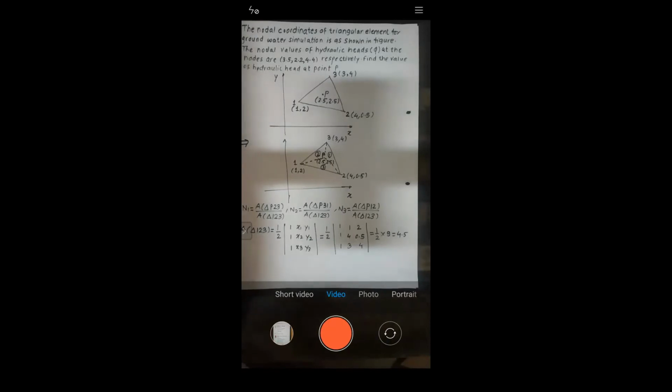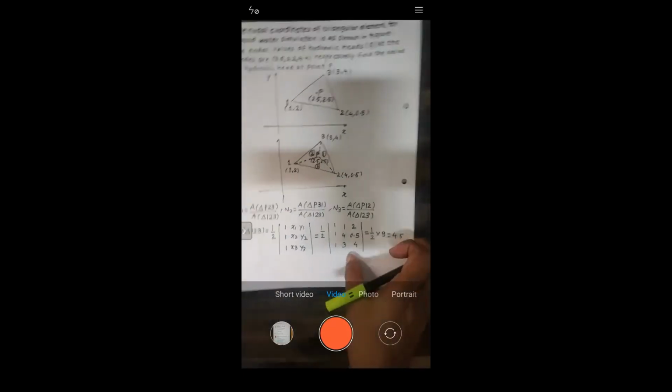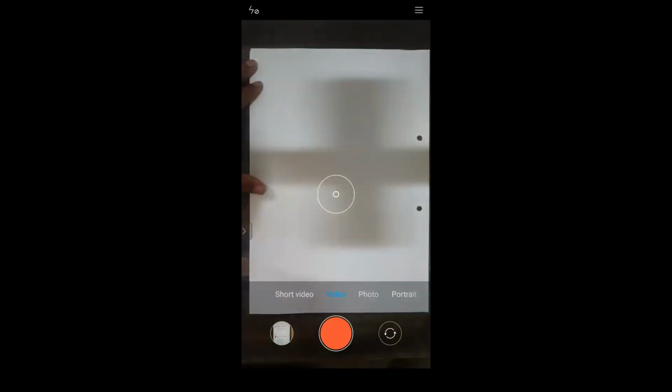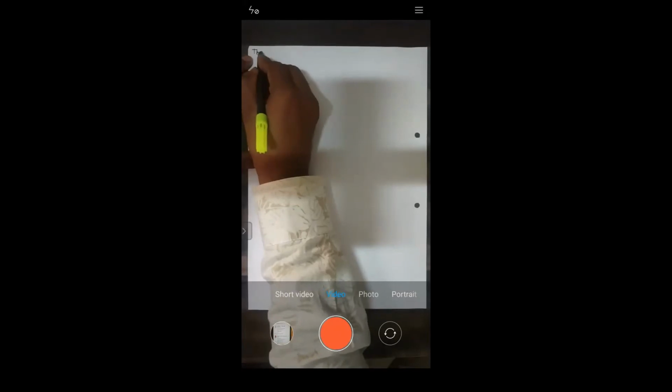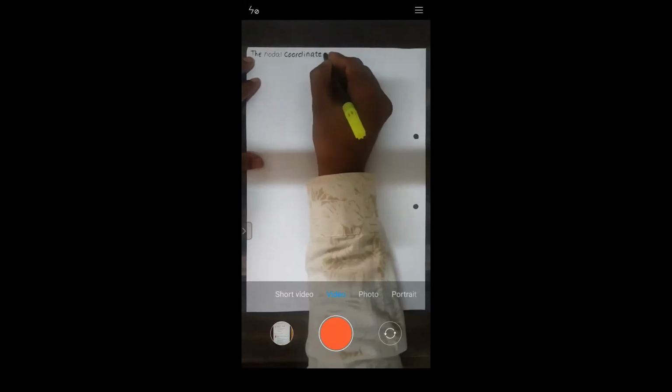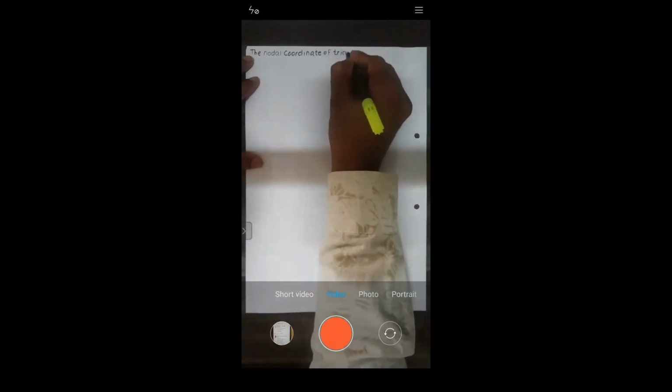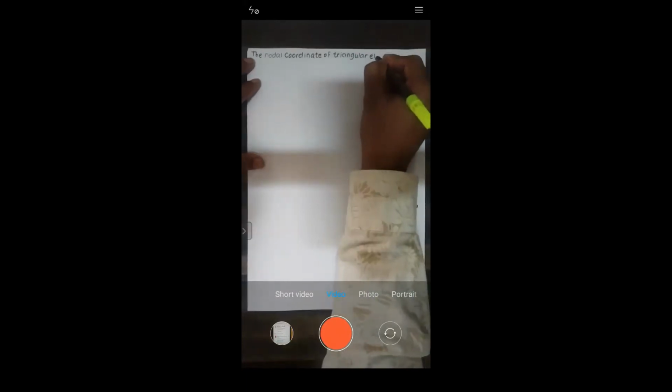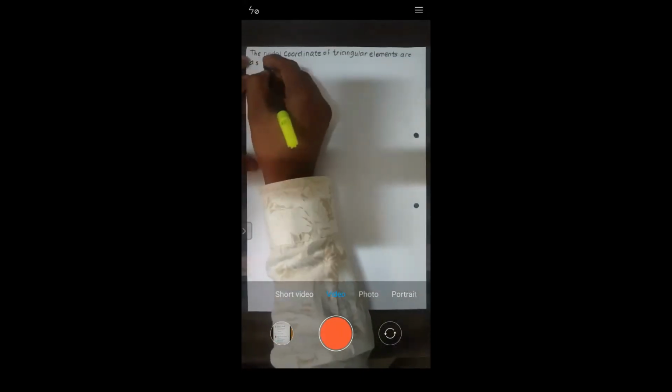See this column. The nodal coordinates of the triangular element are as shown in the figure.